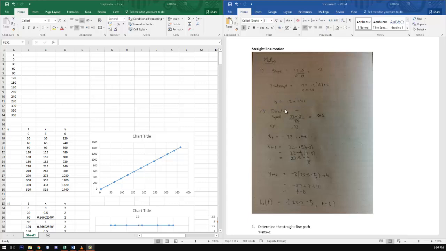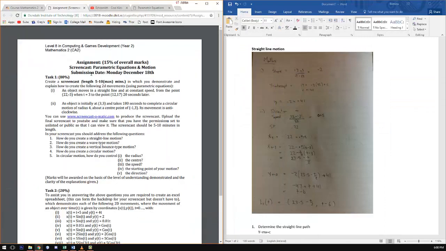You find the direction of the points. We are given 22 minus 3, 12, 17. So 22 to minus 12, 2 plus 12 is going backwards, so it's got to be a minus direction. To find speed, you have x1 minus x2, which is 22 minus 12, over the time taken to get to that.